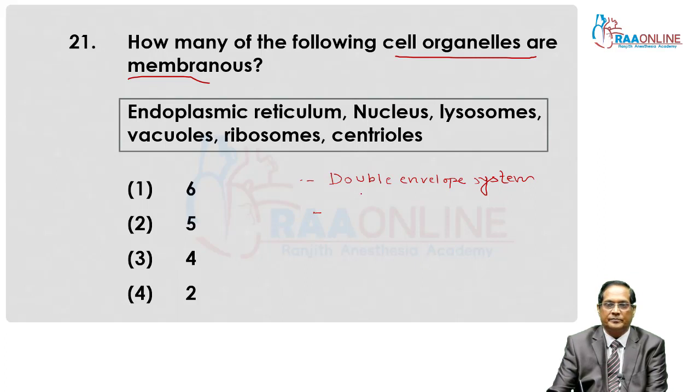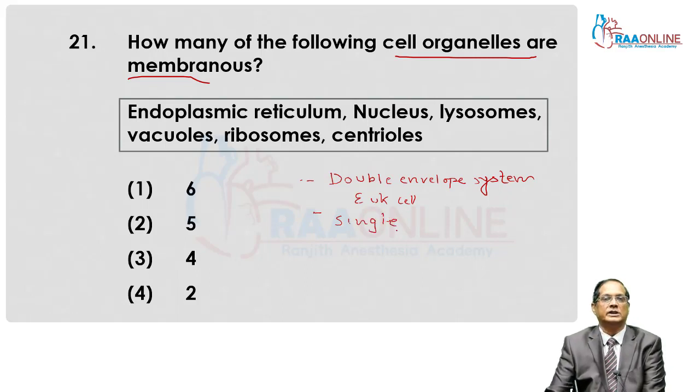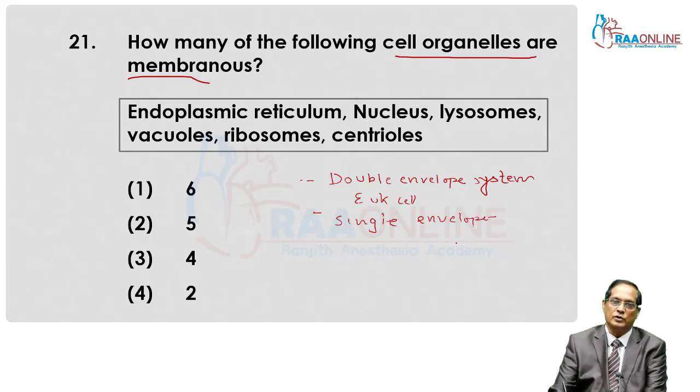Whereas the prokaryotic cell is known for the single envelope system. That is, there is only one membrane, and membrane bound cell organelles are not found. So the single envelope system is found in the prokaryotic cell.